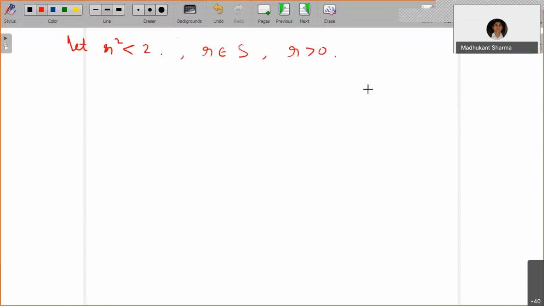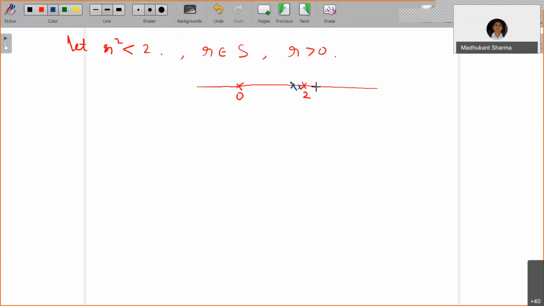Now let's look at it on the real line. Let's say 2 is here and this is 0. You are trying to identify r, and r square is less than 2. Suppose r is sitting here. But on the real line it is not possible that r square equals 2 here. The intuition is that there is some element here which will become the upper bound, or which will go toward 2.